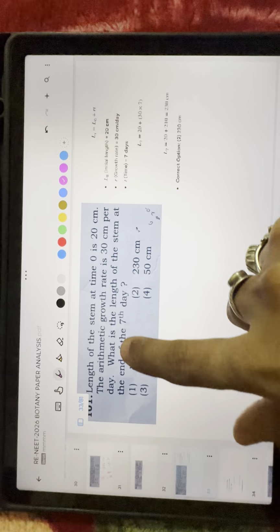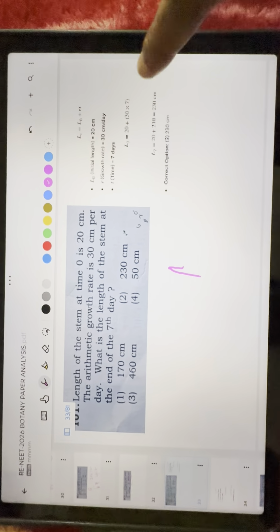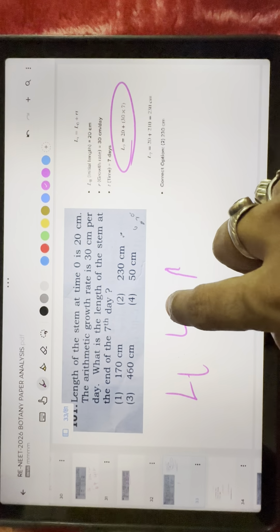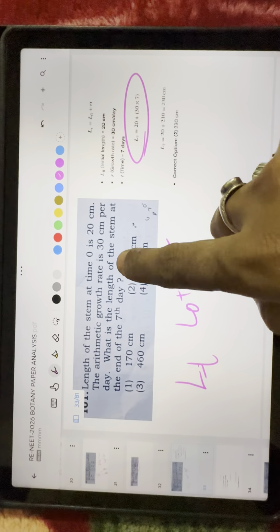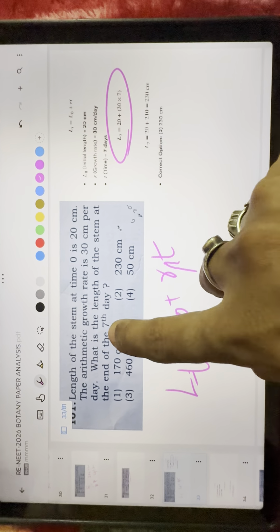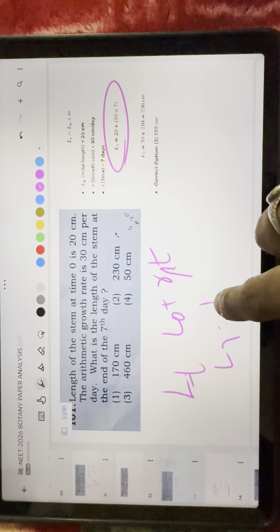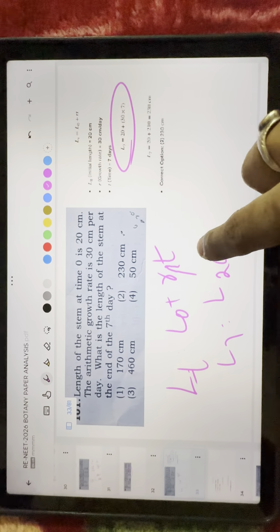Next, length of the stem is given like this, and also they have given this. So here formula we should use Lt is equal to L naught plus rt. So Lt is given, time is given. What is the length at the 7th day? So L7 is equal to L naught, already it is given 20.